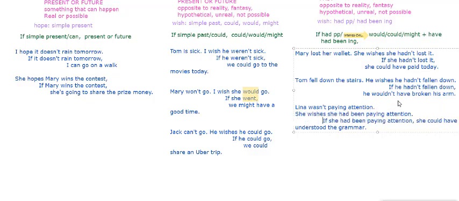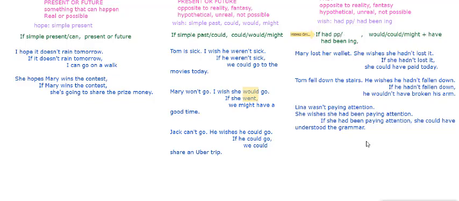Questions? Well, yes, always. When we use the word if, I always need to use had and past participle, not could or might. In the if part, the grammar is always simple. The only exception is could.